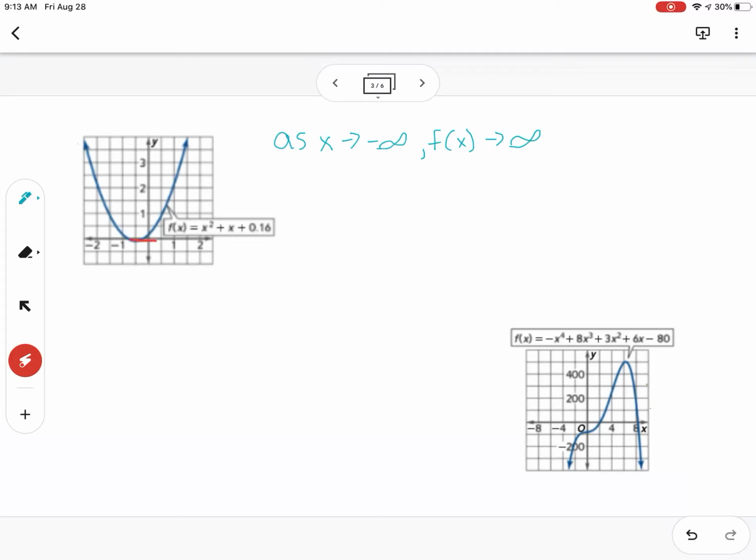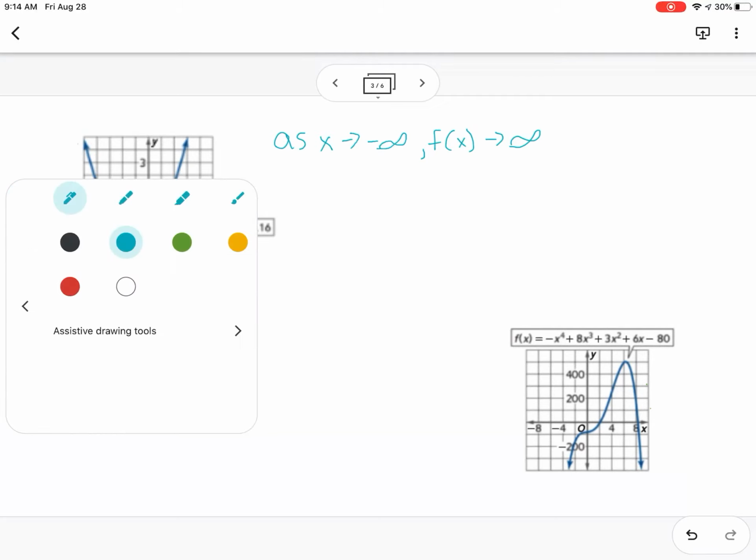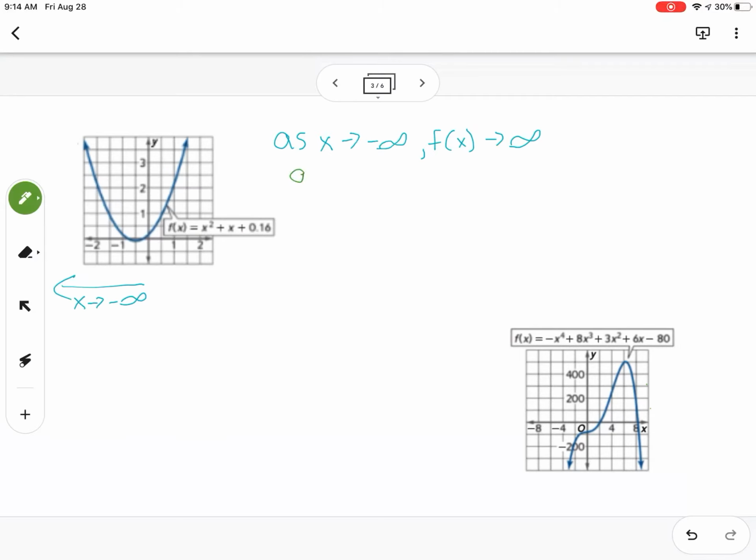All right, so again, as x is going to the left, as x approaches negative infinity, what's the graph doing? The graph is going up to infinity. Okay, so for the second part, as x approaches positive infinity, that's the other direction.